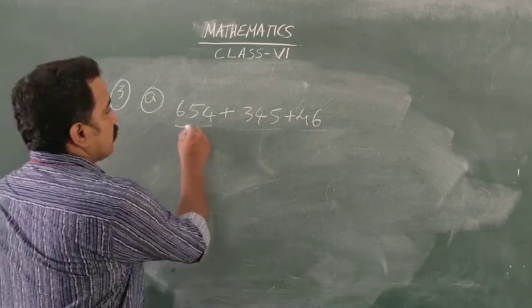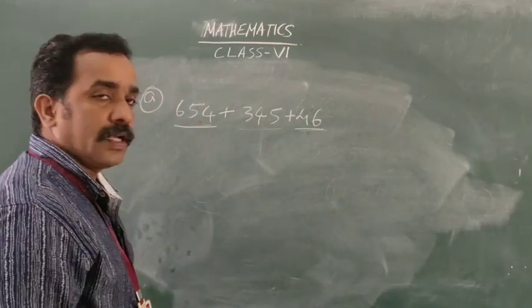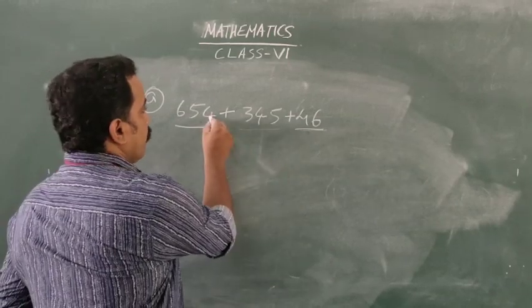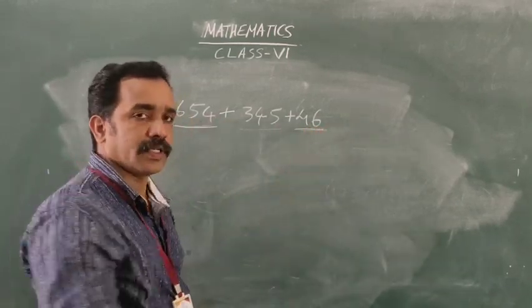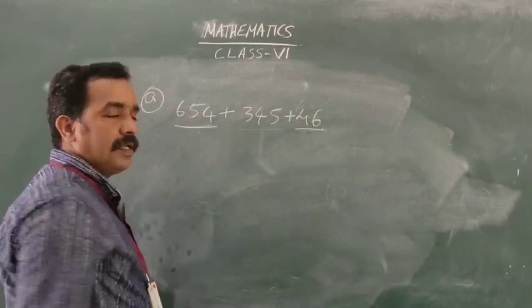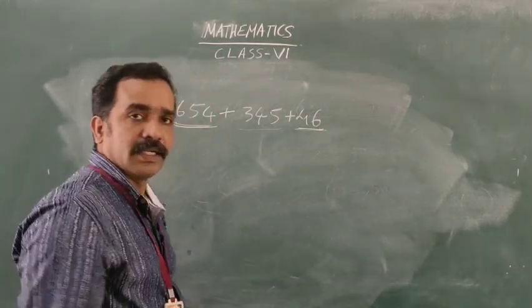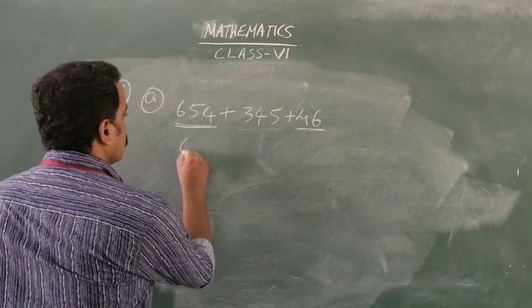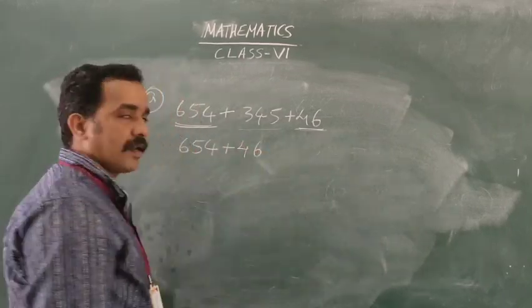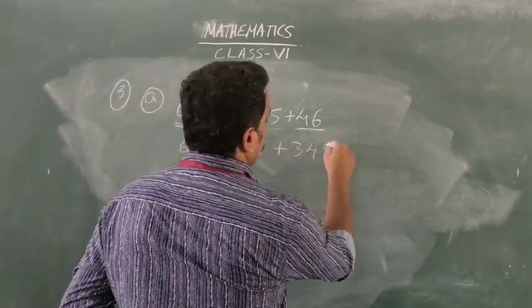If you look at 654 and 46, adding these two numbers is easy, because 4 and 6 make 10, and 4 and 5 make 9, and the remaining 1 makes it 10. So adding 654 and 46 is easy, mental math we can do. So 654 plus 46, we can rearrange it that way, plus 345.